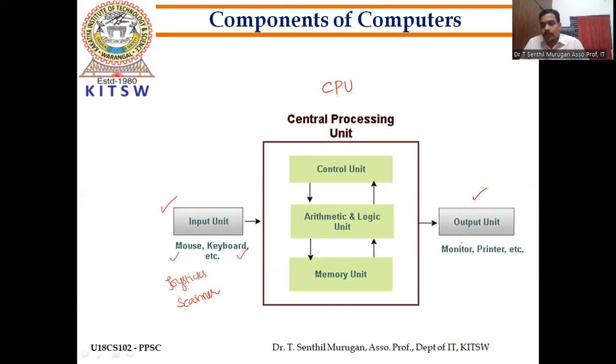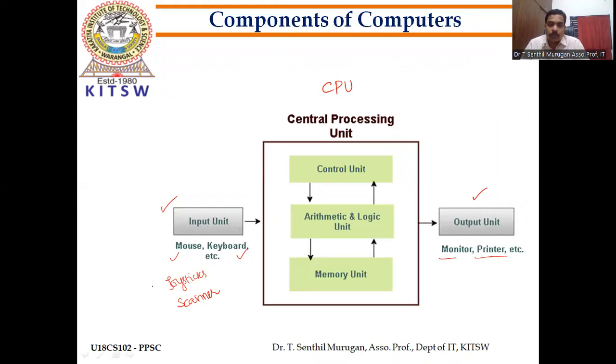Devices that produce the output, that means displaying the output or printing the output, are considered output devices. For example, a monitor gets output from the CPU and displays it to the user. A printer also gets output from the CPU and prints it, then we get the printout sheets. So these are the output devices.